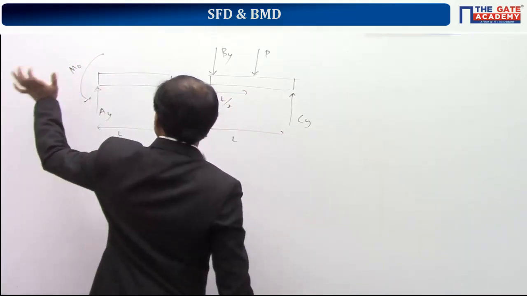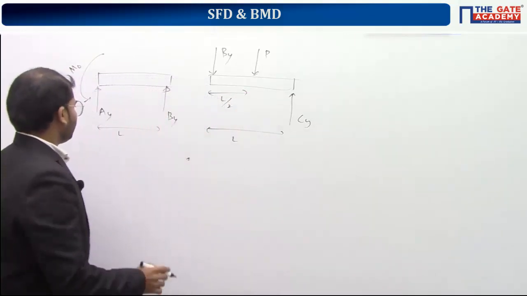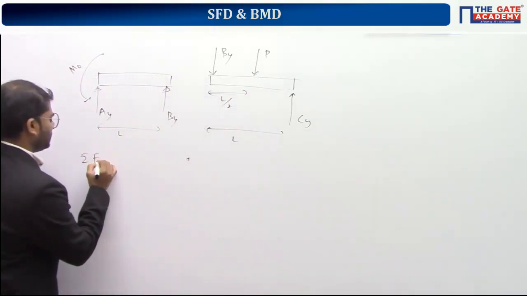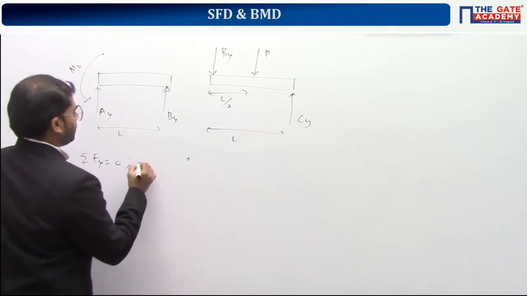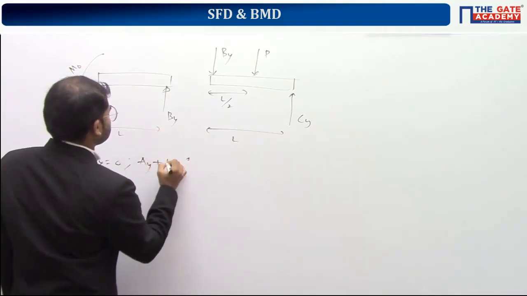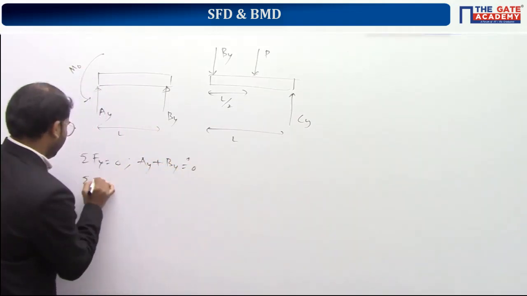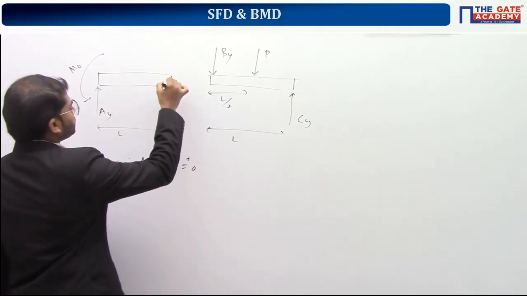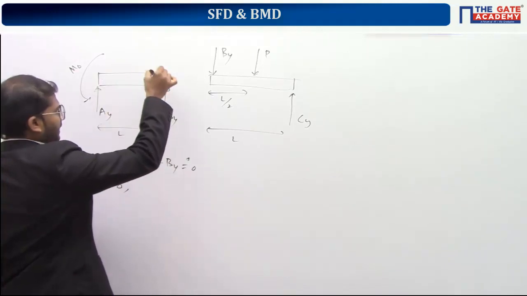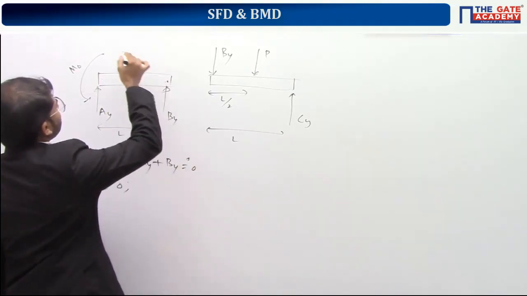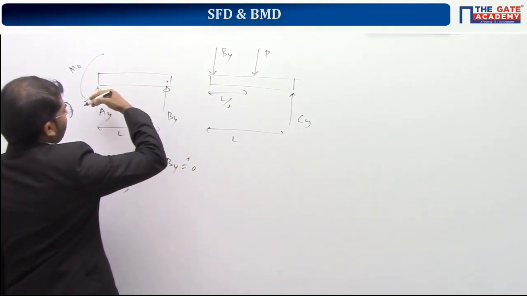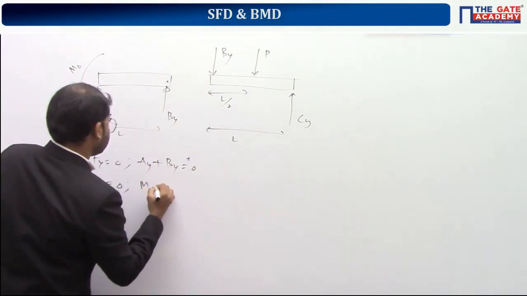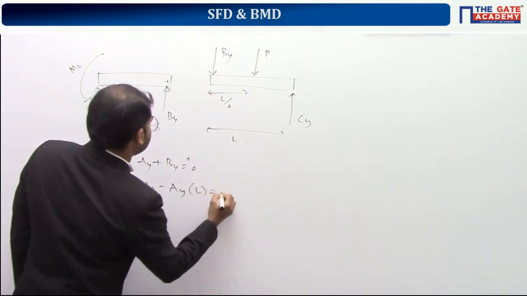You should get the value of reaction moment M naught. If you apply the equations, sigma Fy is equal to 0, this gives you for this one Ay plus By is equal to 0. Applying sigma Mz is equal to 0, I am taking moment about this point: M naught minus Ay into L is equal to 0, M naught being anti-clockwise.